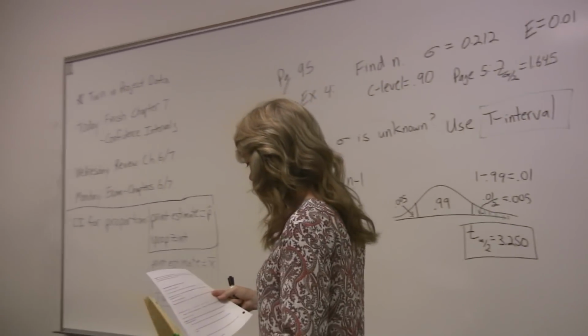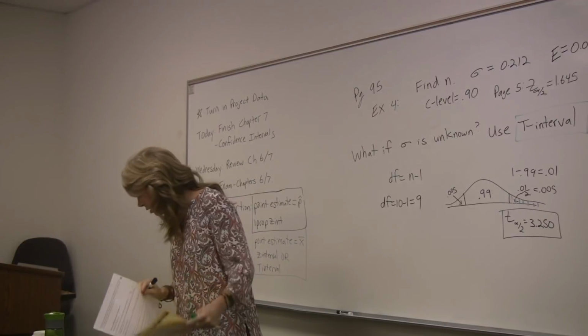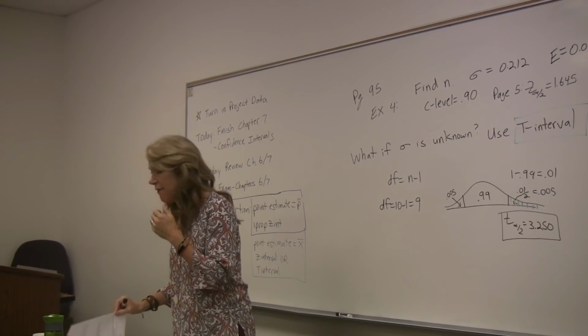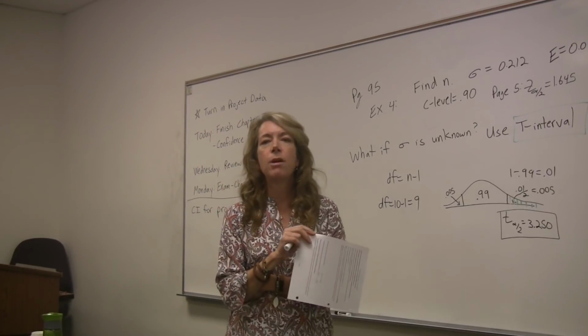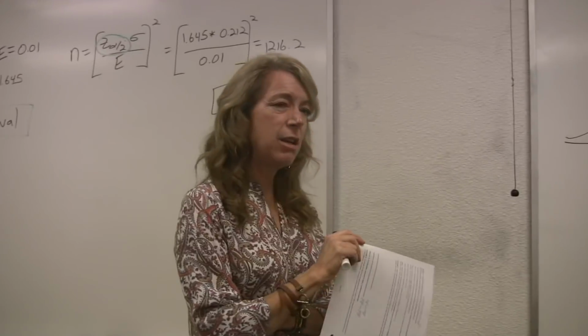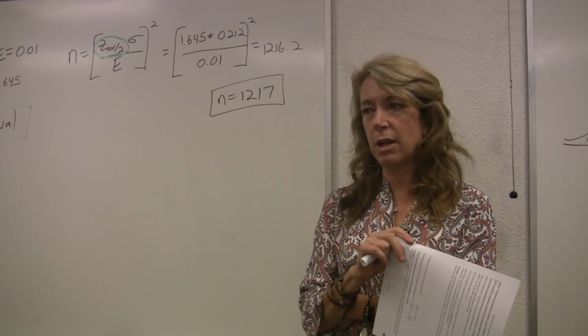Okay, so what I want to do now is talk about page 96. I don't want to do examples 7, 8, and 9. I want you to read all three of them though and decide if you would do Z interval or T interval for each one of those.